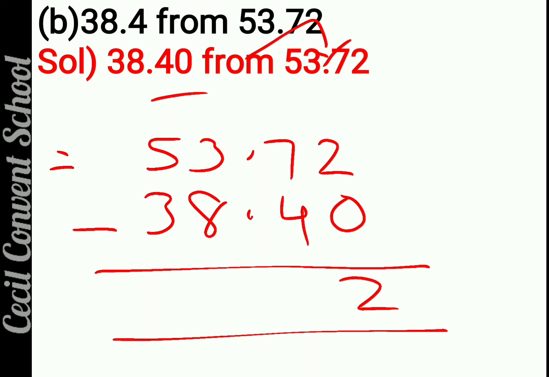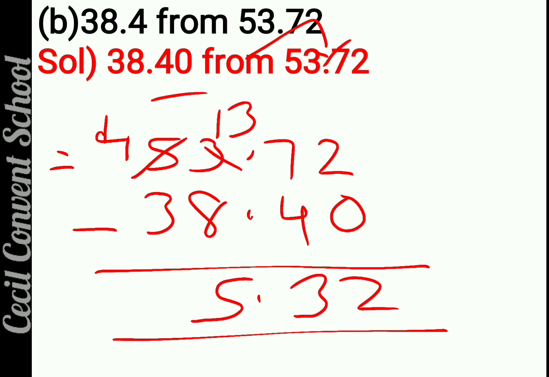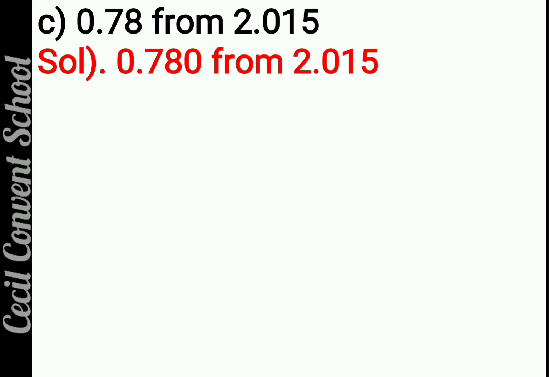Clear? 7 minus 4 is 3. Decimal. 3 minus 8 not possible, so we take from 5. 5 becomes 4. Clear? And this 3 becomes 13. 13 minus 8 is 5. And 4 minus 3 is 1. So the answer is 15.32. Clear? Now we do C part.